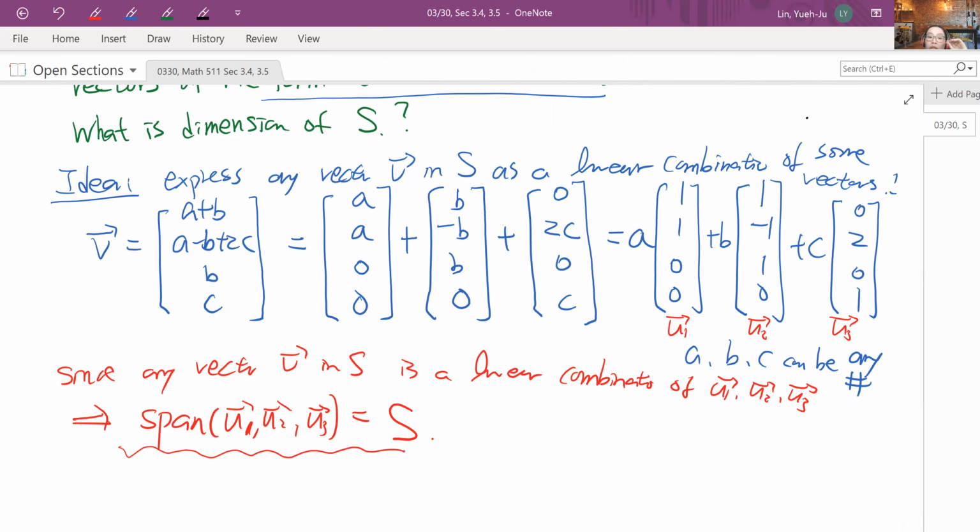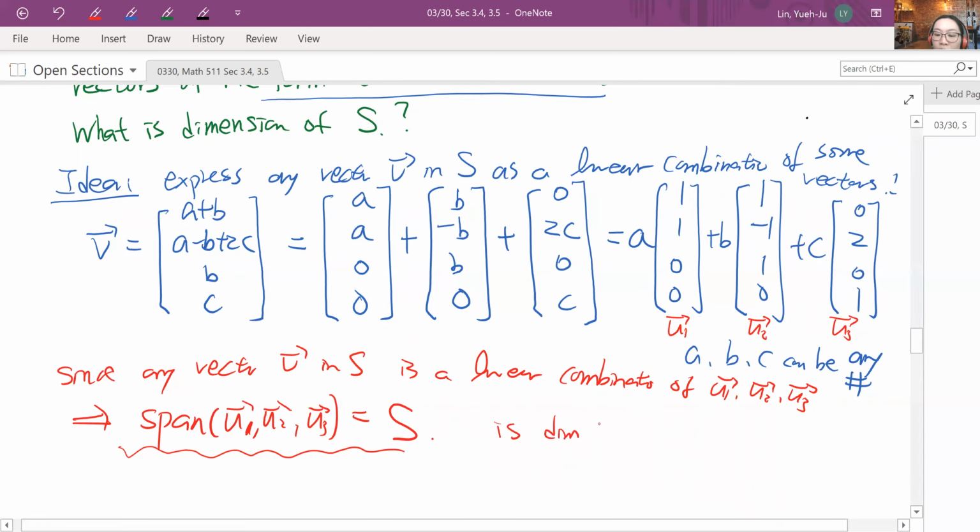But now, let me ask this question. Is the dimension of this vector space S 3 or not? Or we don't know yet. So my question is, is the dimension of this space necessarily 3, just because the spanning set has 3 vectors?